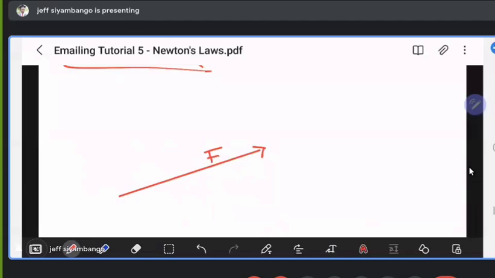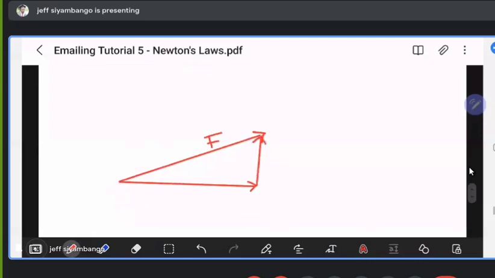So in the same way that the force can have components, the acceleration will also have components. The force can be broken into two components, the x-axis and the vertical axis. Well, acceleration is also a vector. It can also be broken into an x component and a y component.